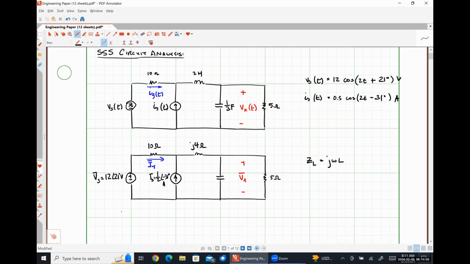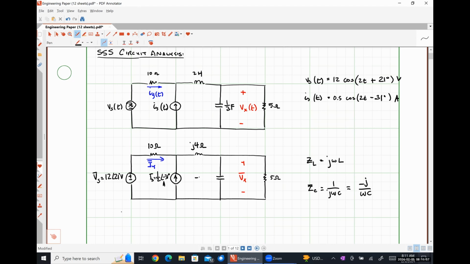And then we have our capacitor, where the impedance of a capacitor is given by 1 over j omega C, which is the exact same thing as negative j over omega C. Since omega is 2 radians per second and C is 1/3 of a farad, we're going to have 1 over 2/3, which is going to look like 1.5, and then we have that negative j.